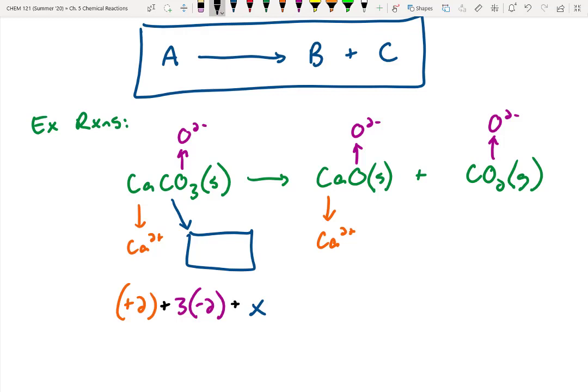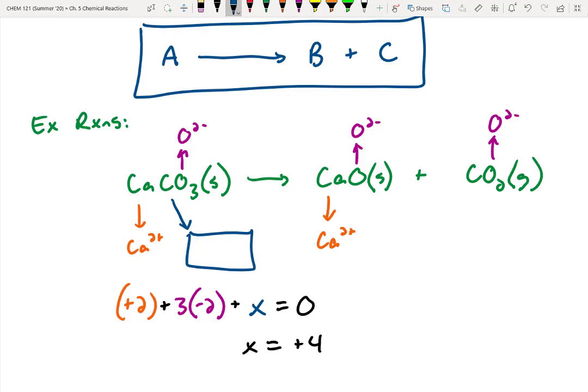And we know that the sum of everything should be equal to 0, right? Meaning that the oxidation number for calcium plus the sum of the oxidation numbers for oxygen plus the oxidation number for carbon should all add up to 0. Okay, so if we go ahead and we solve for this, X in this case is going to be equal to +4, right? So you can go ahead and do that quickly on your scratch paper, or you can just trust me on that.